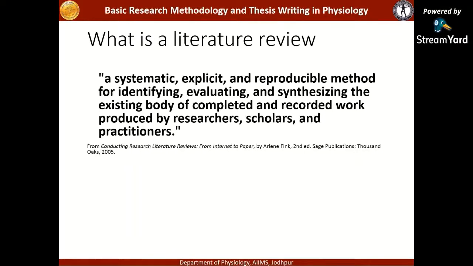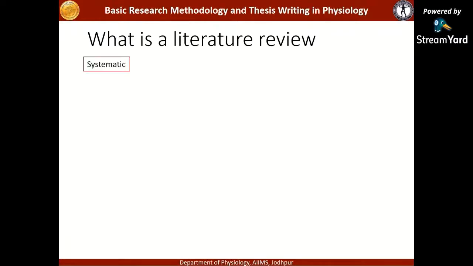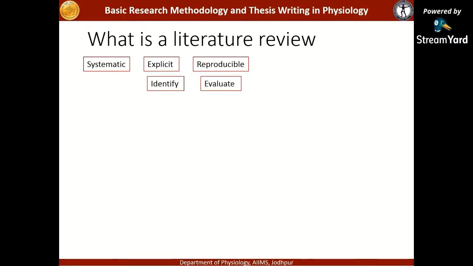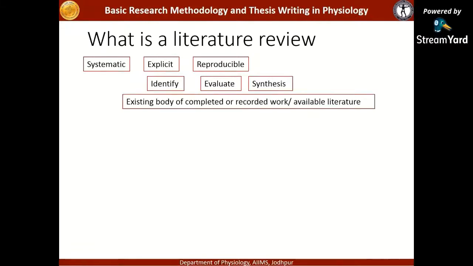So, a systematic, this is a definition. We all know that definitions look very glorifying to us, and sometimes we don't understand. So let's decipher it a little. It says it's a systematic, explicit, and reproducible method to identify, evaluate, and synthesize ideas depending on the existing body of completed or recorded work, that is, available literature.